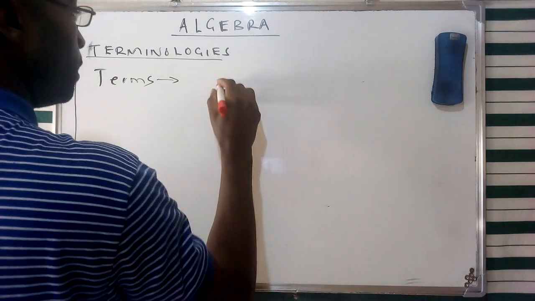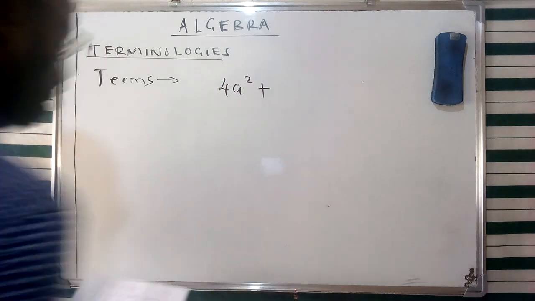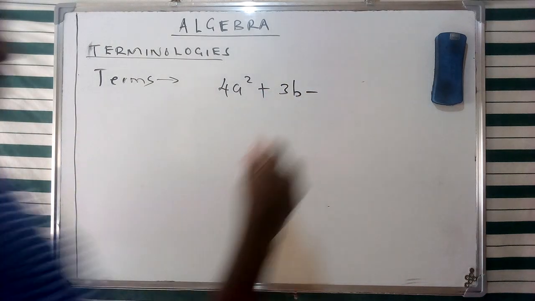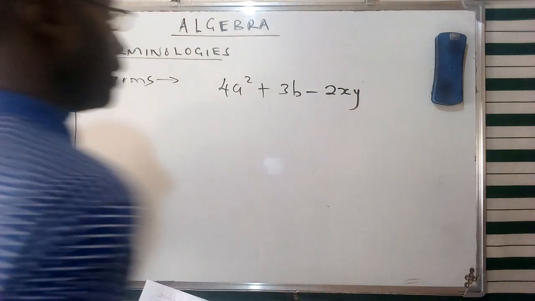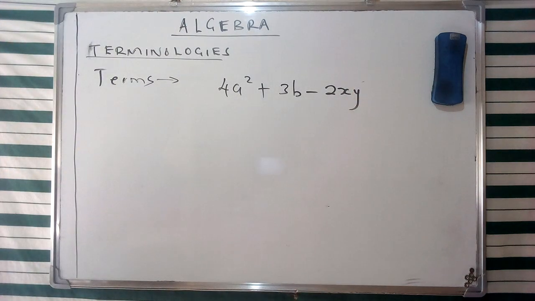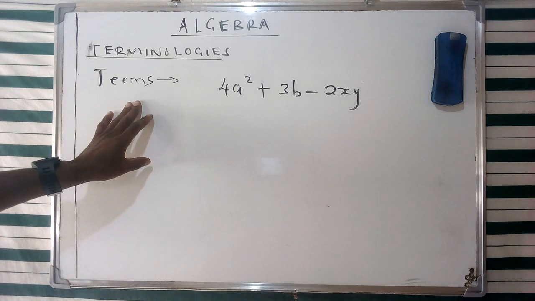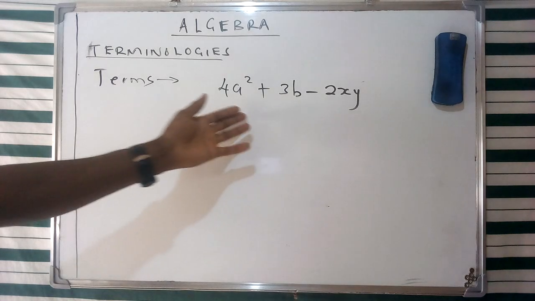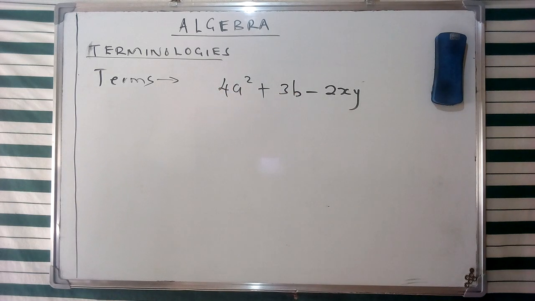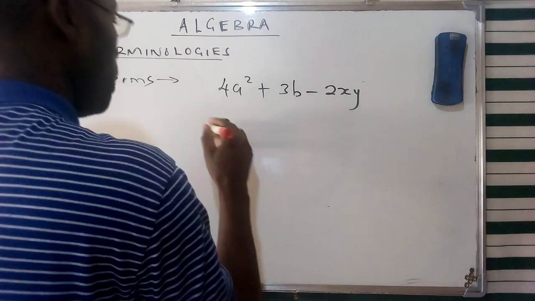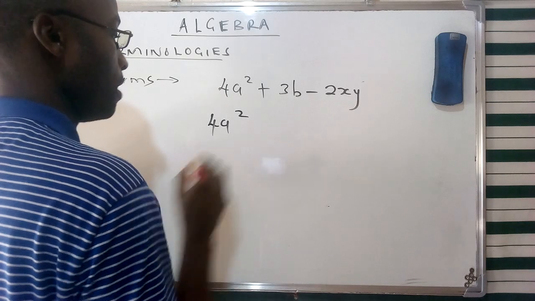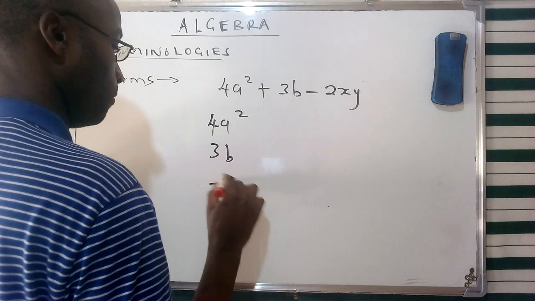So for instance, if I give an expression of this form, 4a squared plus 3b minus 2xy, then a term refers to any of its parts which are connected by these addition signs. So we give the different terms of this expression as 4a squared, 3b, and then negative 2xy.